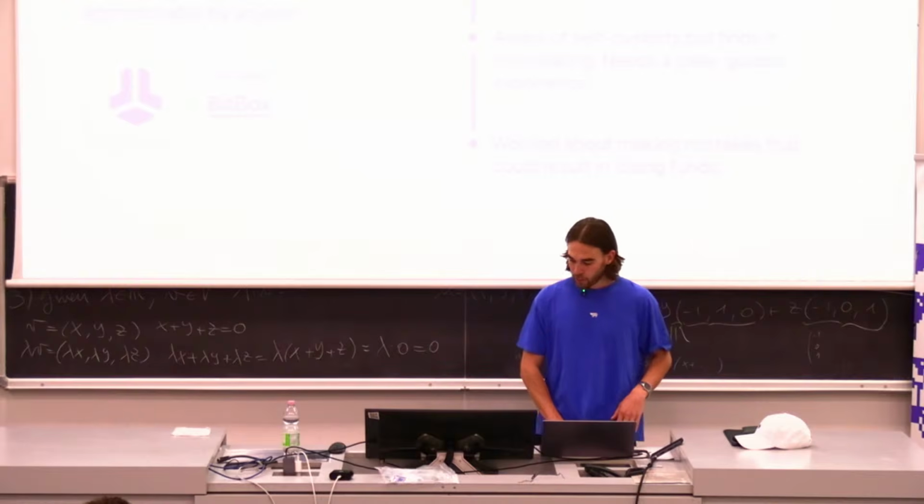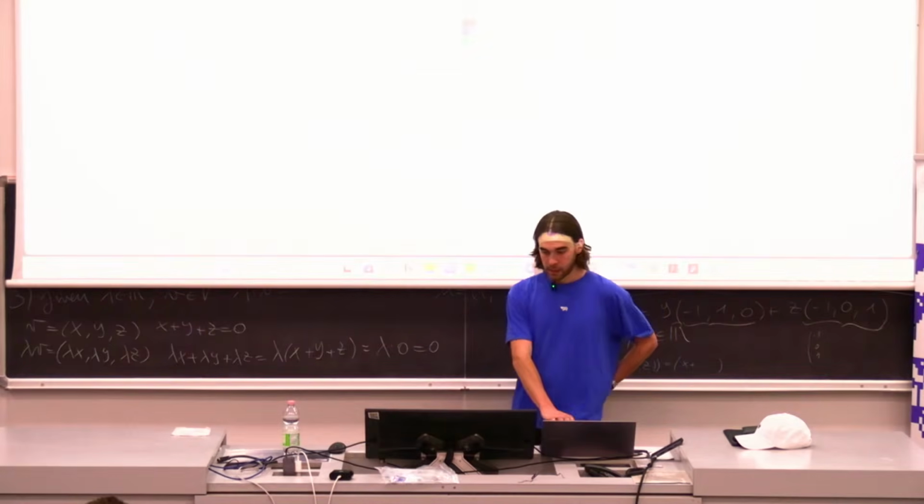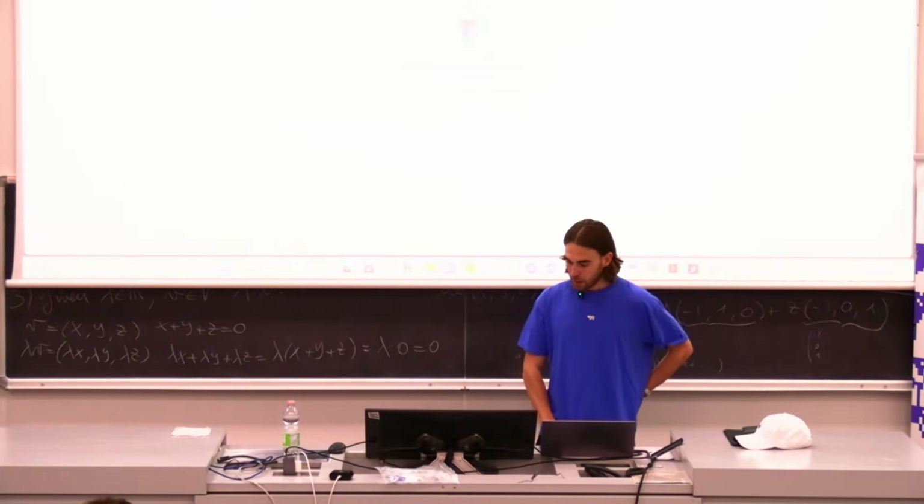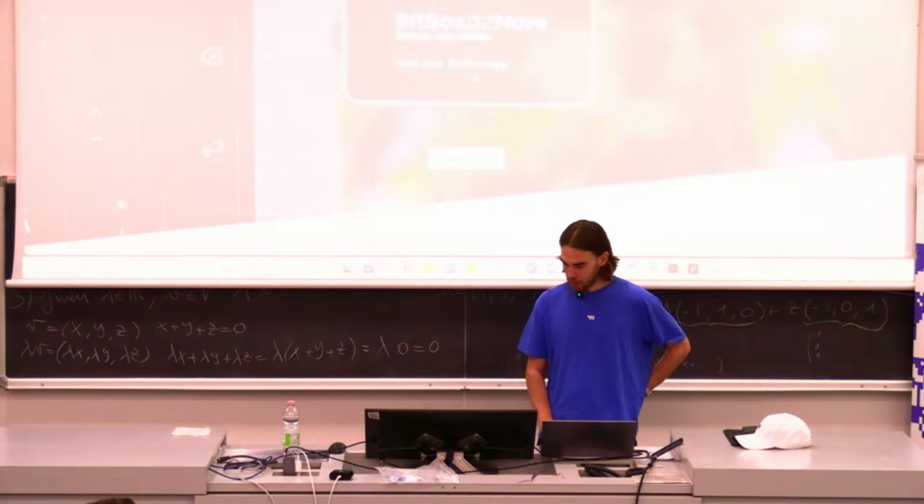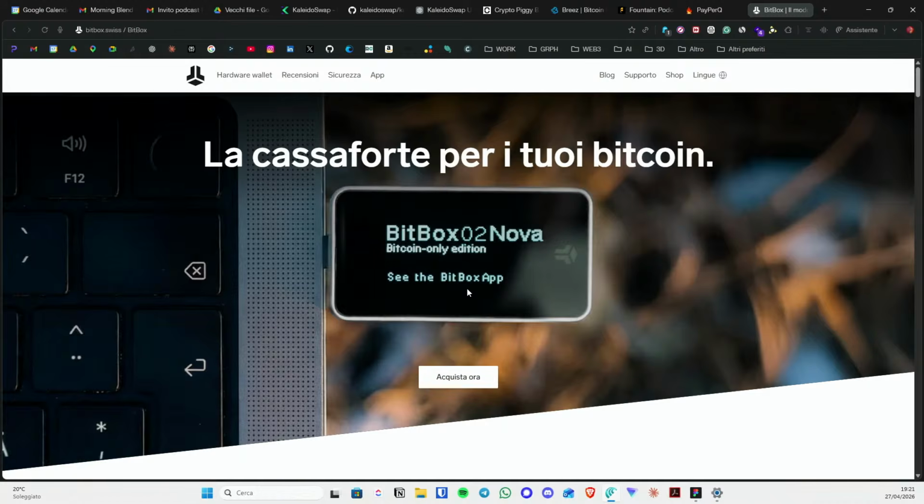One way is buying a hardware wallet like Bitbox, which has a shape similar to a USB key, and it basically has a copy of your 12 words inside it.